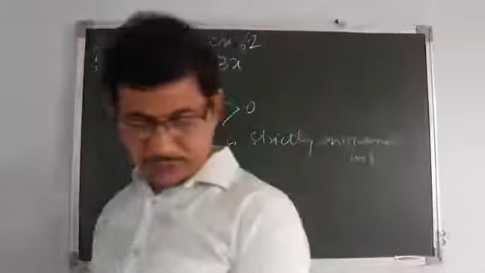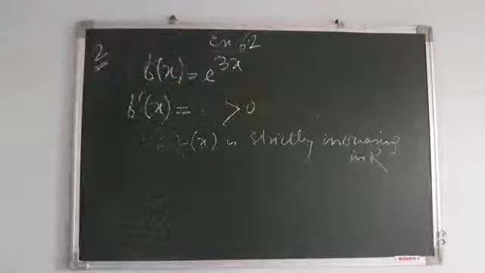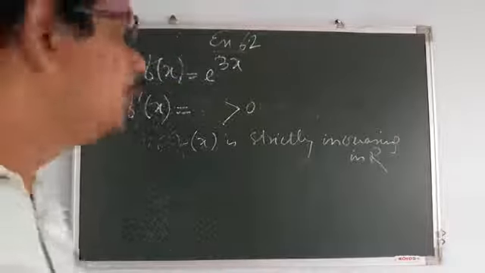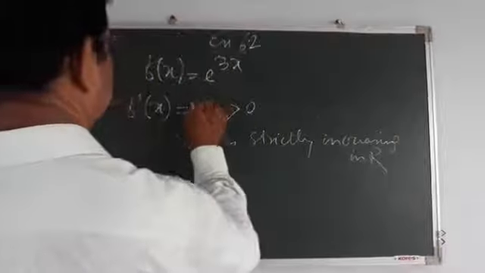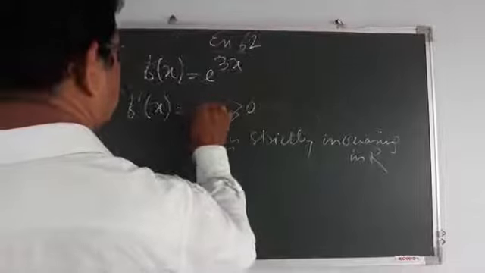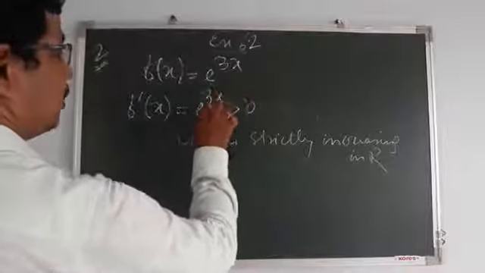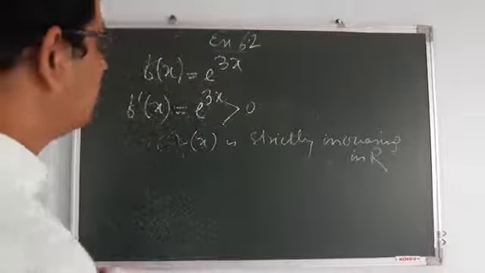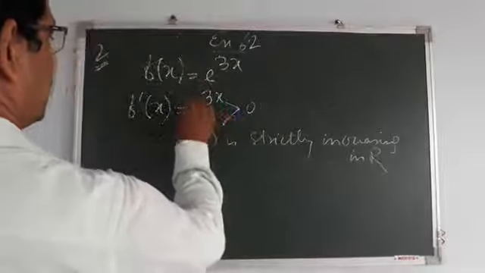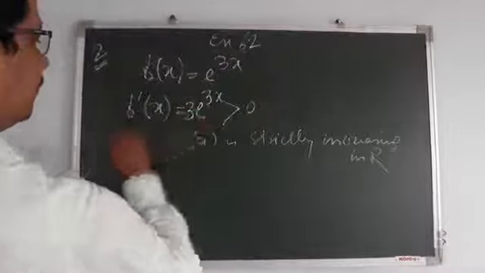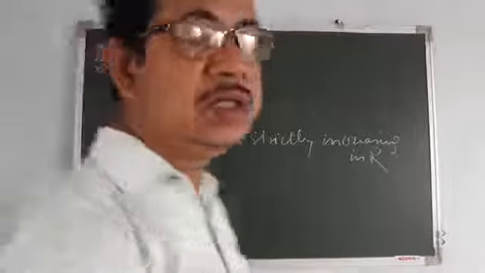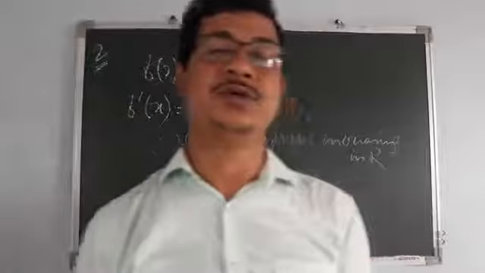Now if we differentiate e to the power 3x, by the chain rule we differentiate e to the power 3x, then differentiate 3x, which gives 3. So we get 3e to the power 3x.